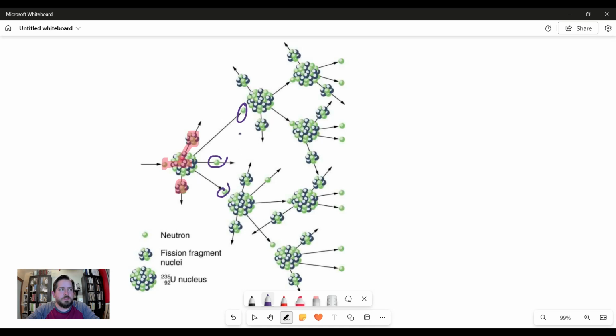And those 3 neutrons can then go find another uranium, break it into 2 things, and send out more neutrons. Each of these sends out 2 or 3, usually 3. If there's enough of these uranium nuclei in the vicinity of these neutrons before they lose their energy or interact with something else, then we have what's called a runaway nuclear fission.